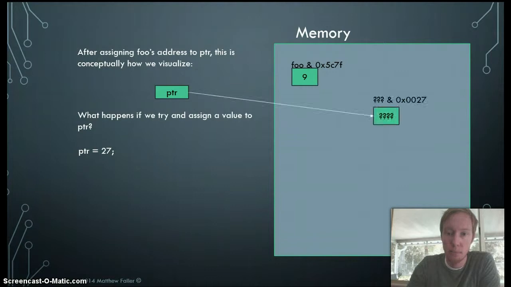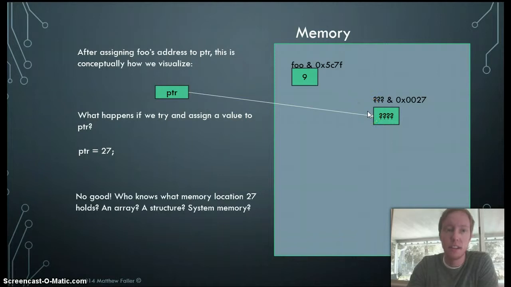Now pointer is going to point to address 27, but who knows what's in address 27? This could be anything, an array, system memory, which you definitely wouldn't want to access. And typically, if you ever try and point somewhere that you're not supposed to, C will throw something called a seg fault, and your program will crash.